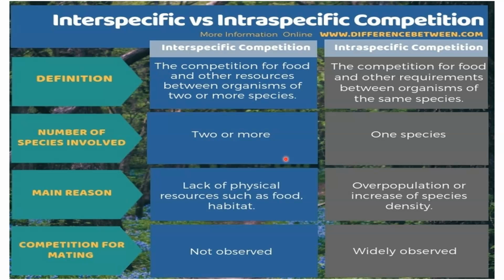Intraspecific competition happens always within a particular species, between two or more individuals of that species. The reason for competition, generally for interspecific, is when two species require the same resource, largely food. It could be habitat, it could be mates. Intraspecific competition could largely happen for mates, and could also happen for territories, habitats, resources, right?